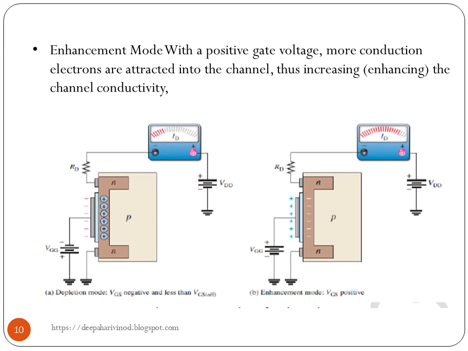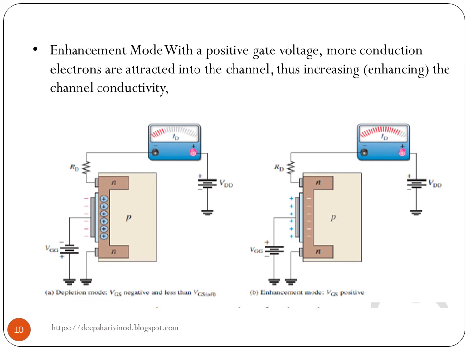Enhancement mode: with a positive gate voltage, more conduction electrons are attracted into the channel. If the gate is applied with a positive voltage, then we call it enhancement mode.